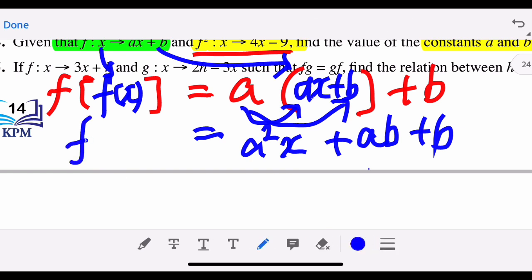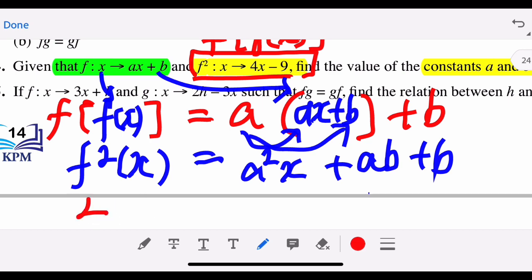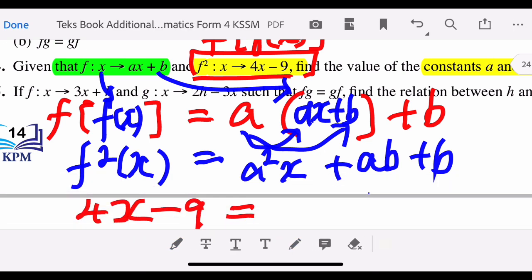So this is actually your f(f(x)), and the function was given in the question. What is the function given? It is given there, so you can jot down, copy down, and set it equal to the function obtained by you just now.